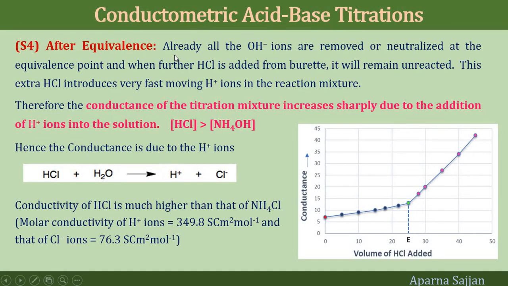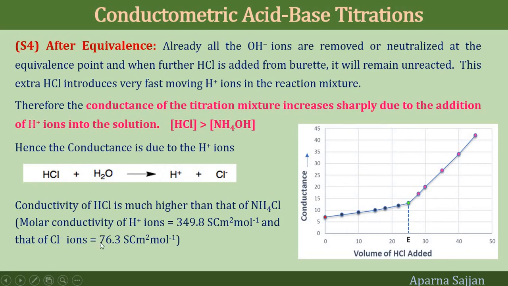Next, after equivalence, when we add extra hydrochloric acid from the burette, all the OH minus ions are already neutralized. So this added hydrochloric acid will remain unreacted. Therefore, we are introducing fast moving H plus ions in the beaker, and hence the conductance of the beaker solution increases sharply because there is a large difference in the molar conductance of H plus and Cl minus ions.